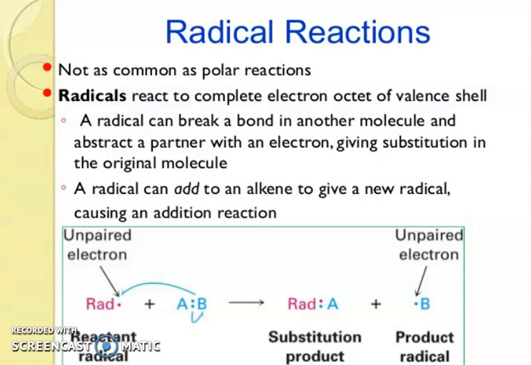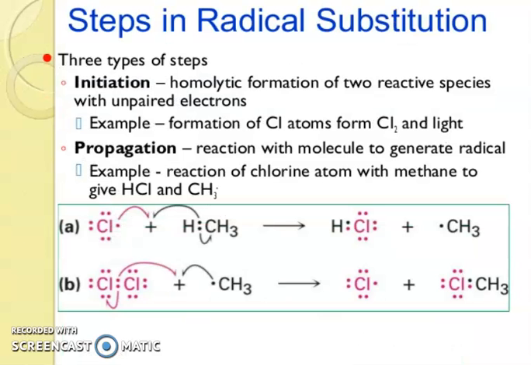Friends, a radical can add to an alkene to give a new radical, causing an addition reaction. You can see here radical, unpaired electrons, reactant radicals. Now you have the molecule AB, the substitution product, and product radicals, unpaired electrons.